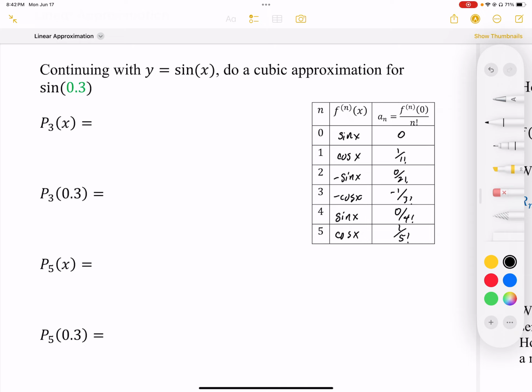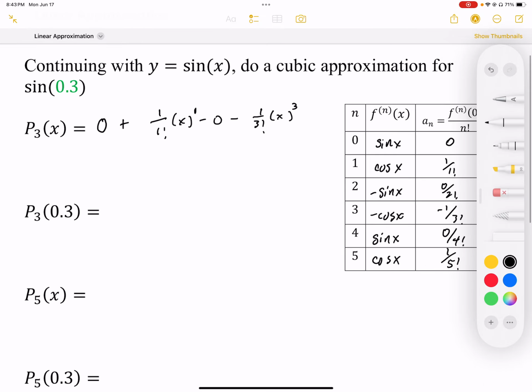So when we work out P5, we're going to use the 0 term, which is going to be 0, plus the next term, which is 1 over 1 factorial, x to the power 1, or x minus 0 to the power 1. It's going to be minus 0 minus 1 over 3 factorial, x minus 0 to the power of 3.